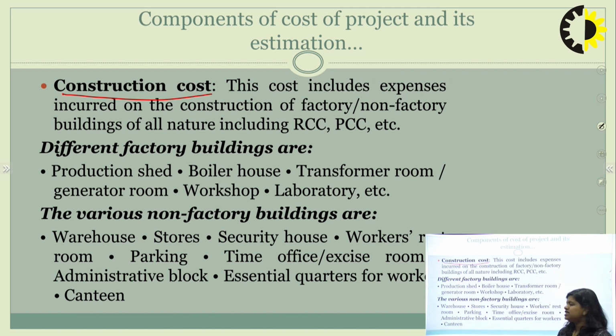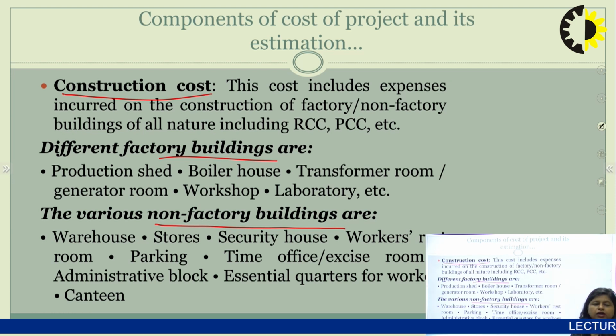In this there are two kinds of buildings that we need to develop. One is the factory building and the other we categorize as the non-factory building. Now, what are the different buildings that come under the factory buildings? They are the production shed, boiler house, transformer room, generator room, workshop, laboratory, etc. So all these are the factory buildings.